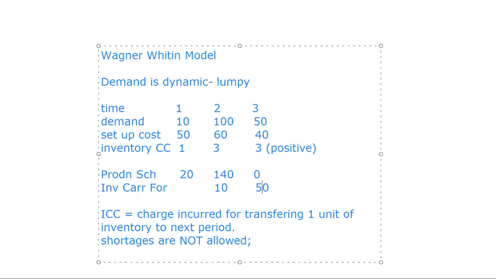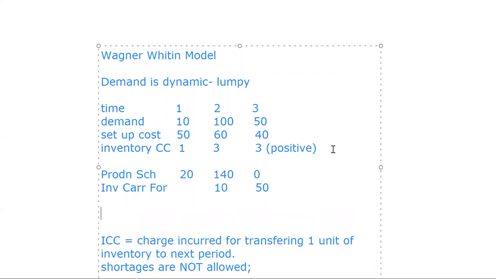Now you can note an important thing here. In period number 2, the following thing has happened: inventory I_T times X_T, or rather I will call it P_T, is greater than 0 for T equal to 2.